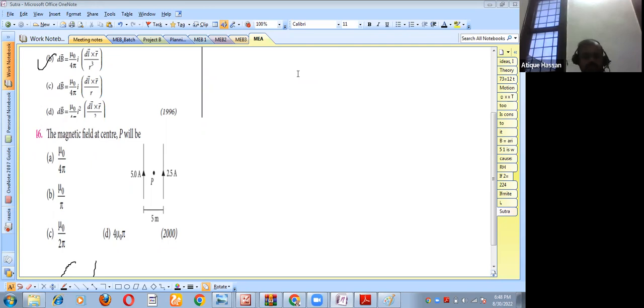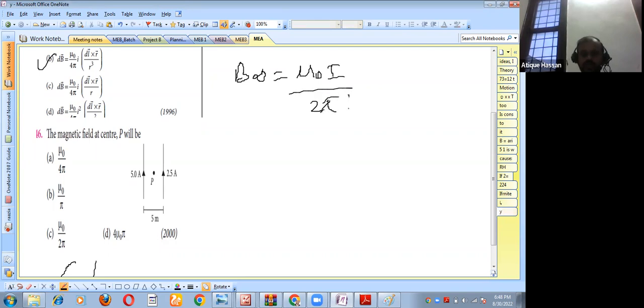Very simple formula. These are infinite wires, so we have to apply the formula of magnetic field due to infinite wire. We know that magnetic field due to infinite wire is mu naught I by 2 pi d. Suppose this wire is 1, this wire is 2.